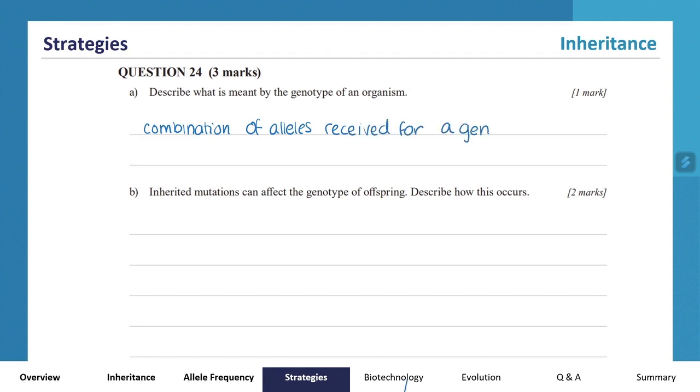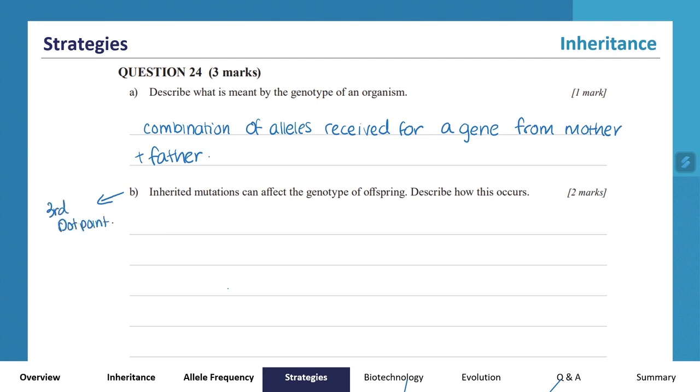A gene from mother and father. That one's nice and easy. The second dot point, inherited mutations can affect the genotype of the offspring. Describe how this occurs. This is actually the third dot point in the inheritance topic.